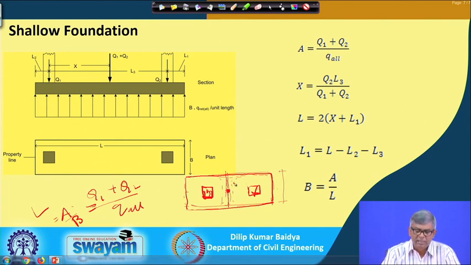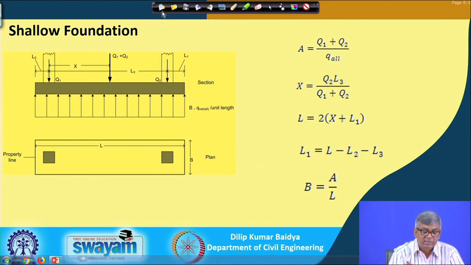Now, this is a very simple type, but what are the other reasons why we go for combined footing? You can see here, suppose the restricted length here is L2, and the footing dimension is given from center to edge as L2, the loading here is Q1, the loading here is Q2, and I want to make a combined footing, and the distance between the columns is known, suppose L3. In that case L1 and L2 are also known, suppose restricted, this length cannot be more than that.